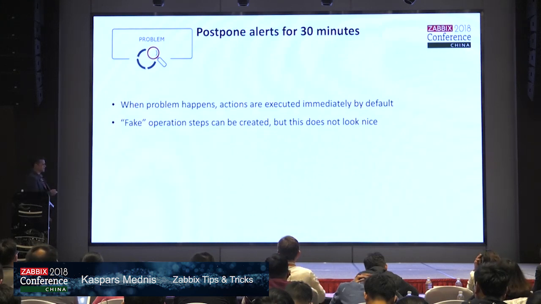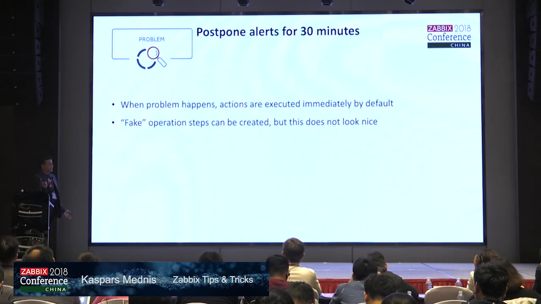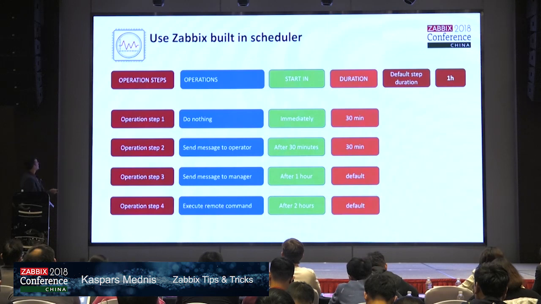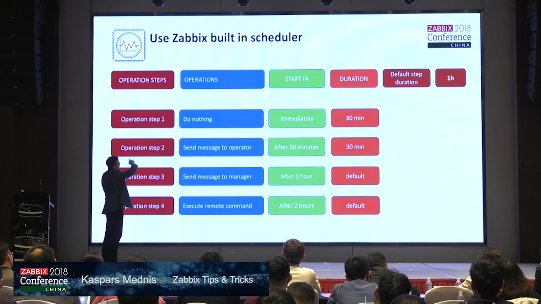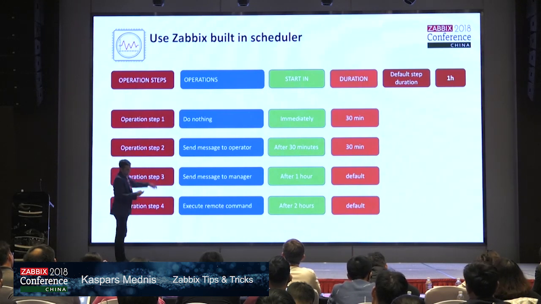And I have seen a lot of customers creating a first fake step, which does nothing. Like that. You have operation steps 1, 2, 3, 4, and then you have the default step duration, which is 1 hour, and then operation step 1, do nothing for 30 minutes, and then send message only after half an hour.